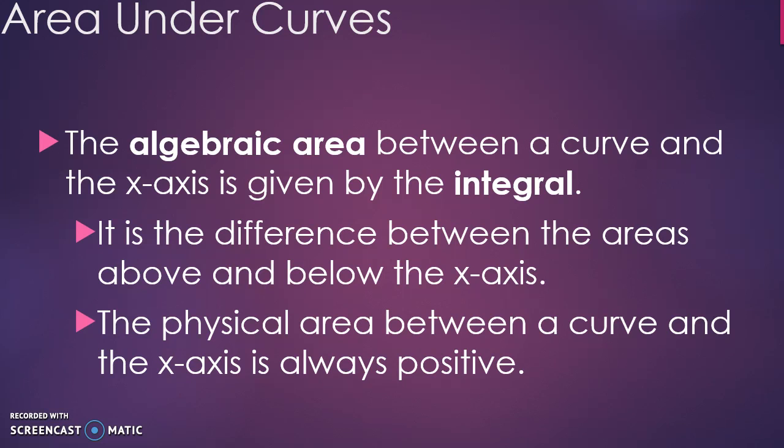We've also looked at the properties of integrals, and you should be aware that the area above the x-axis will have a positive area. Area below, or the integrals taken below the x-axis, so between the curve and the x-axis, below the x-axis, will be negative.